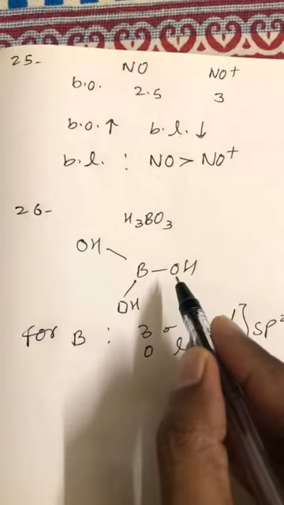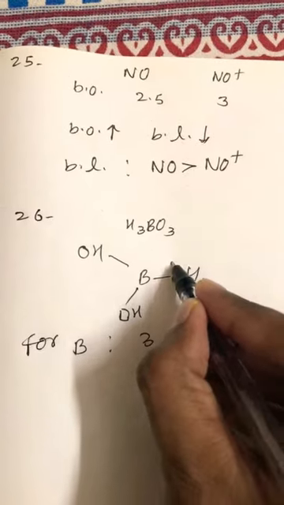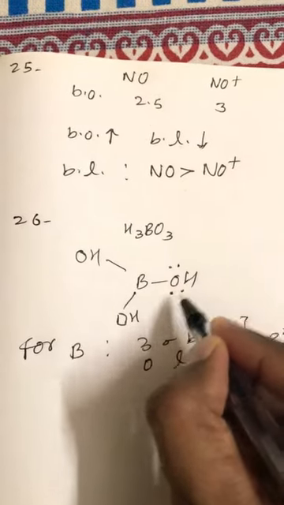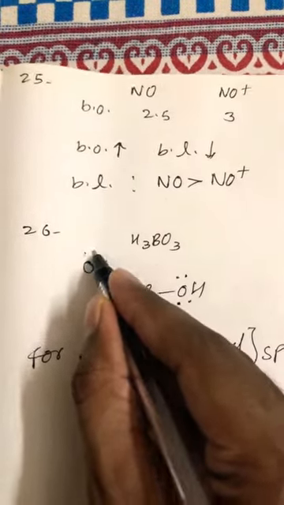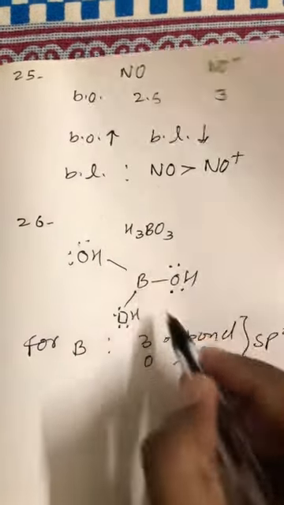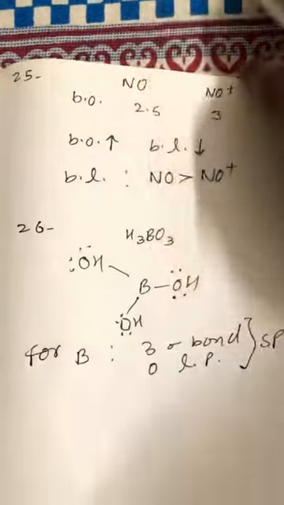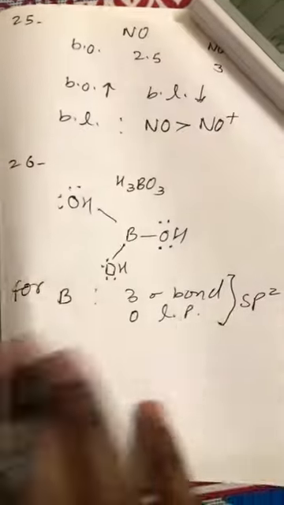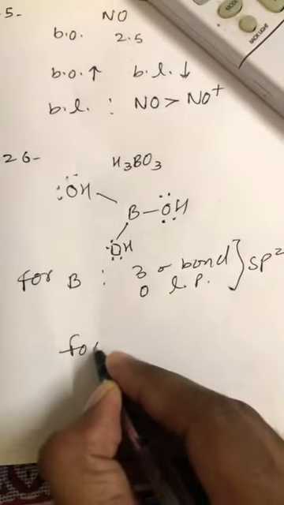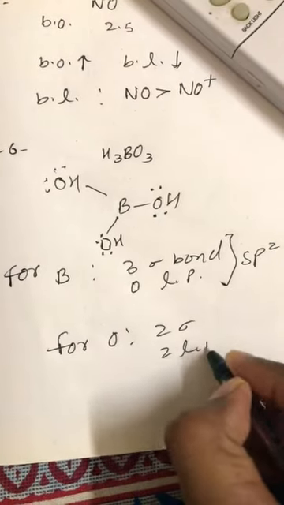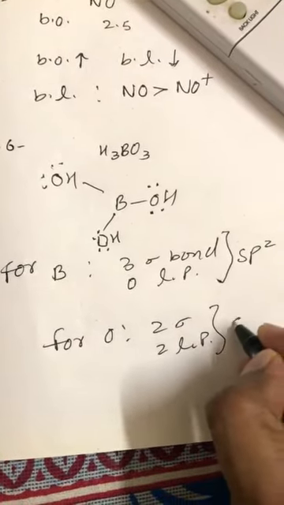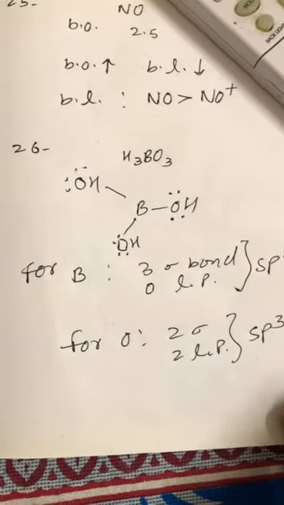Now if you talk about oxygen, then each oxygen has 2 lone pairs and 2 sigma bonds. So the number of hybrid orbitals is 4 and hybridization is sp3.